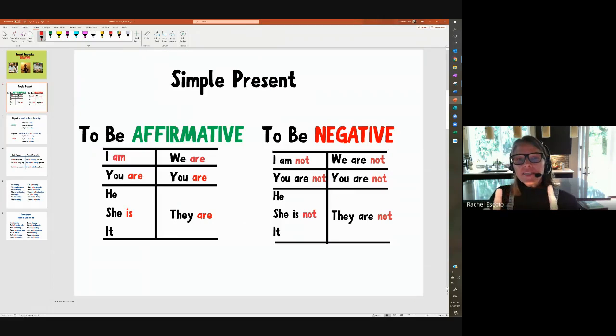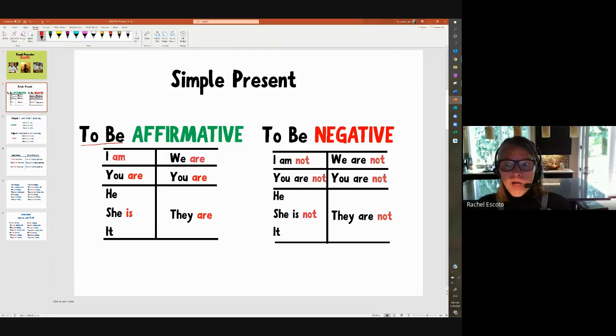So let's look first at the simple present of the verb to be in the affirmative. In the affirmative, we say I am, you are, he is, she is, it is, we are, you are, they are.